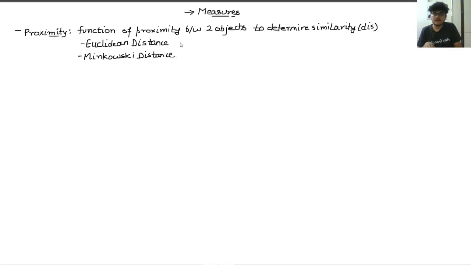One important thing is that these two distances are useful when we have dense data, right? For example, temperature such as time series or 2D points. For 2D points, this type of distance is helpful to find the similarity and dissimilarity.